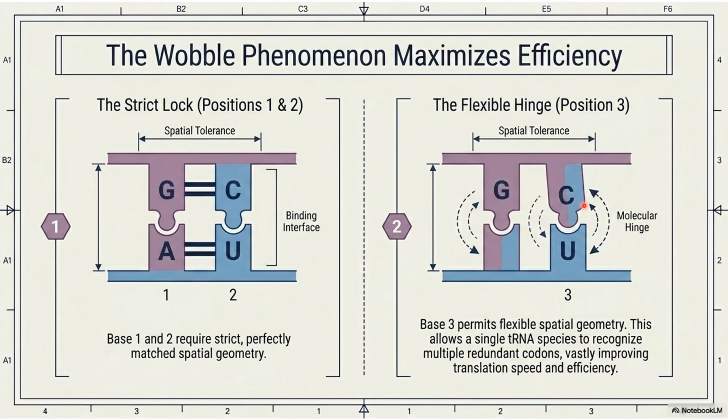You can see here, various forms of spatial geometry help in the redundancy in the last, that is the third nitrogenous base. This leads to the redundancy or degeneracy property of the genetic code. So that is for the codon. That leads to multiple codons coding for a single amino acid. This is explained by the wobble phenomenon.